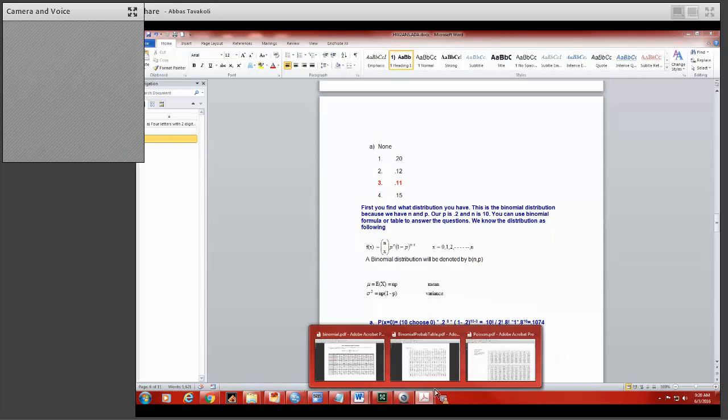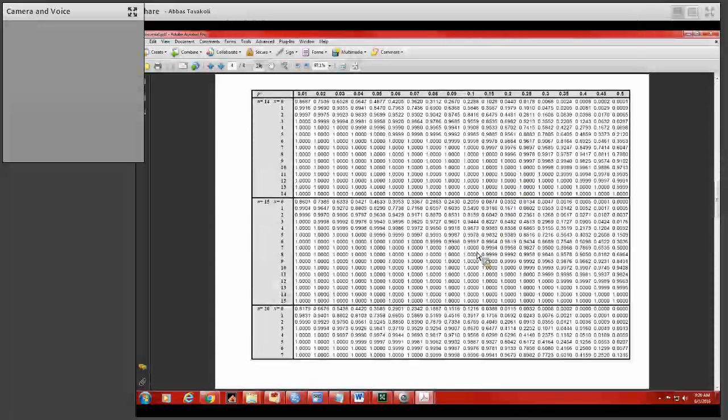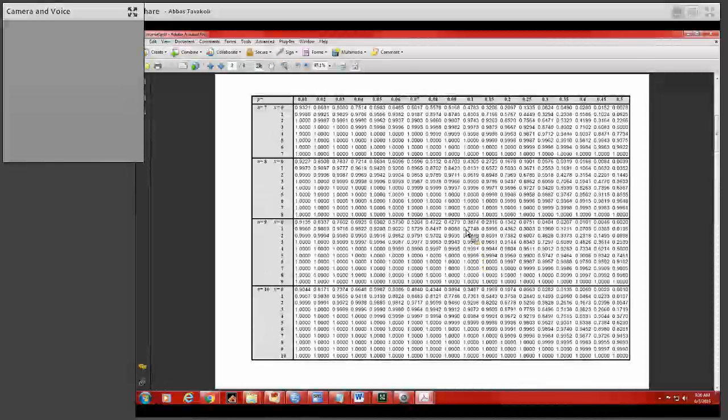From the binomial table, again, you find 0.2, and for an N of 10, you have to find N equals 10 here. So N equals 10 is here, and 0.2 is here. That is the value you find from the table, exactly the same value.